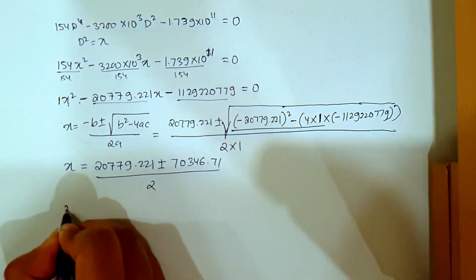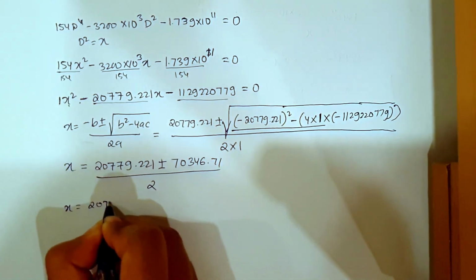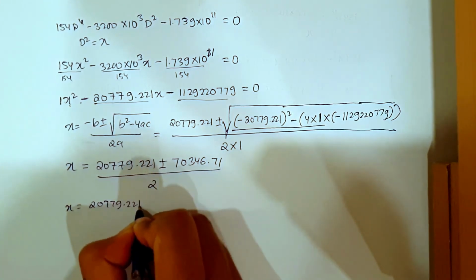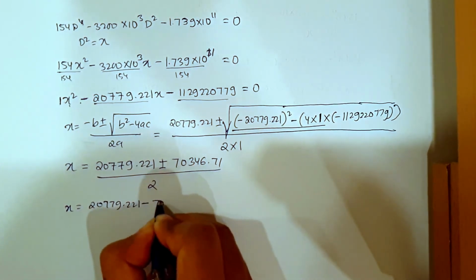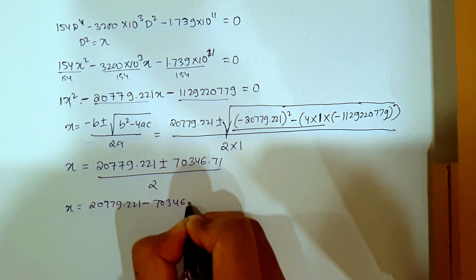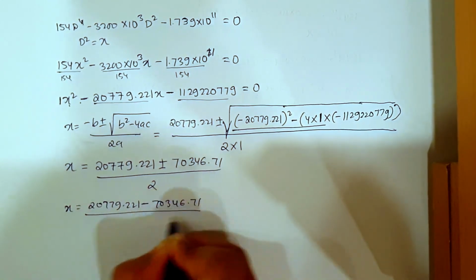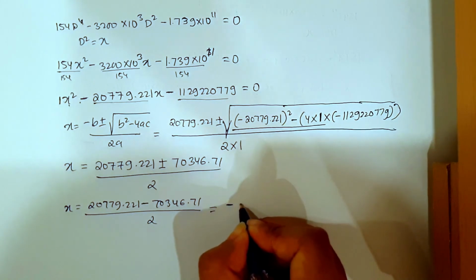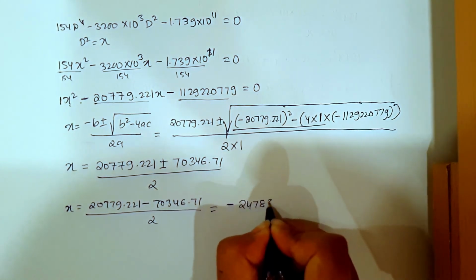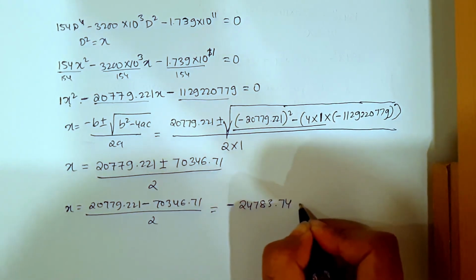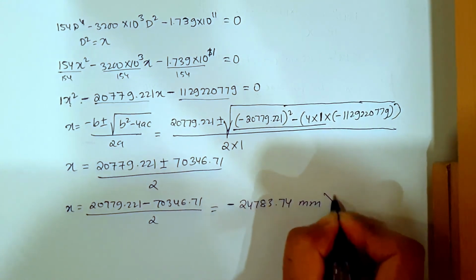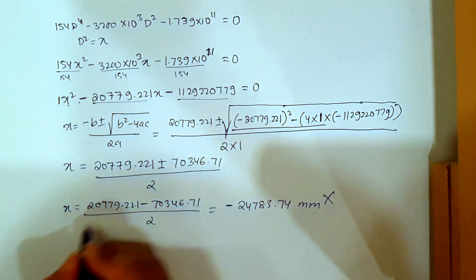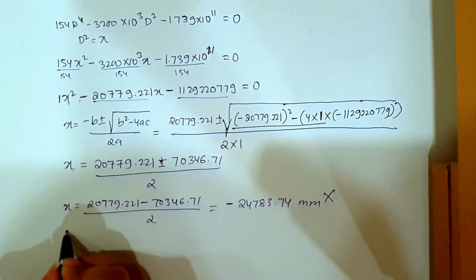So if you take first value equals to 20779.221 minus 70346.71 divided by 2. So with this minus you'll get value in minus 24783.74. So this minus we cannot take this value. Now let us find another value with positive.